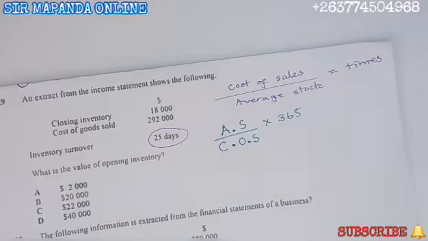You get inventory turnover as number of days. I hope you are following. Inventory turnover as number of times is cost of sales over average stock, right? But if you want to find inventory turnover as number of days, you say average stock over cost of sales times 365.